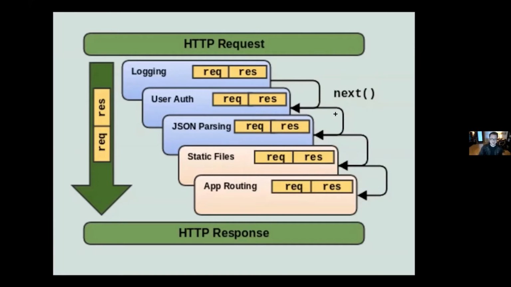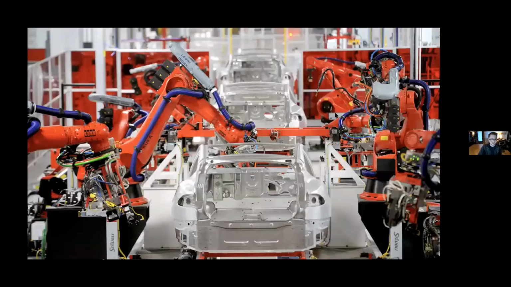So think of our middleware stack like an assembly line. Okay, we're all familiar with the concept of an assembly line. In this case, I think this is from the Tesla factory, one of the Tesla factories. Okay, think of the car, in this case, as our homies. Okay, the request and the response objects. And think of the red arms as our middleware functions. Okay, so when the request first comes in from the client, it's going to have some data, right?